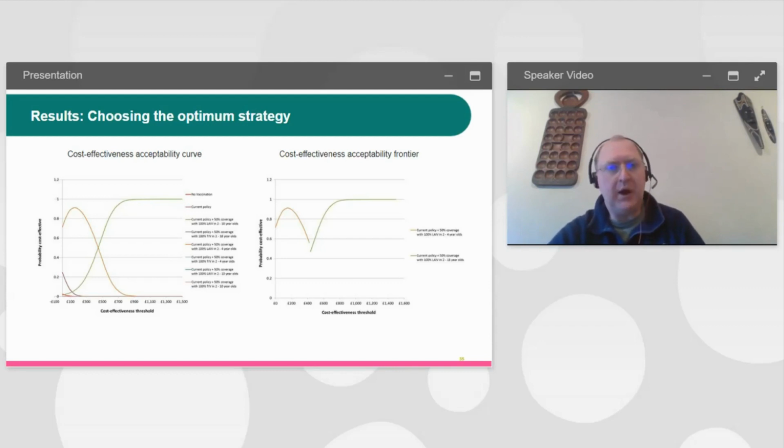So it's a very powerful tool of taking account of a considerable amount of uncertainty, our understanding of disease transmission dynamics, of the costs involved, and making an informed decision between different vaccination policies.